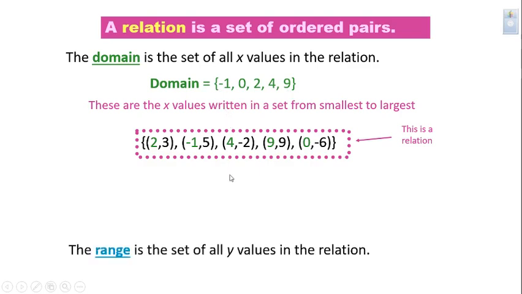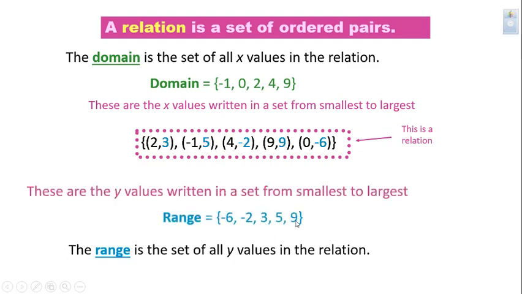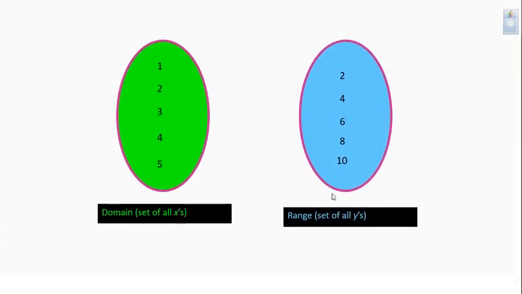The range are the output values, the values the input values are linked to. We start with the domain and we end with the range. So the range values here are 3, 5, -2, 9, and -6, which we put in order from least to greatest. I'm sorry, it should say least, not smallest.